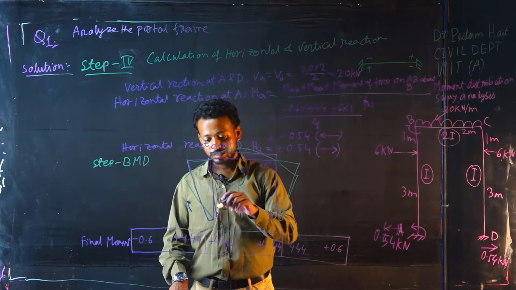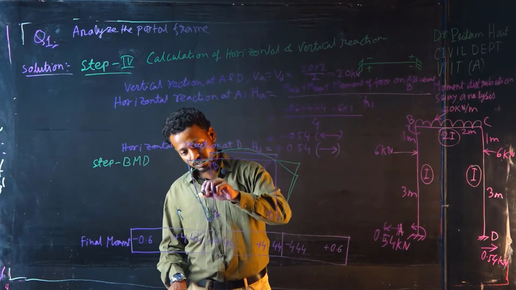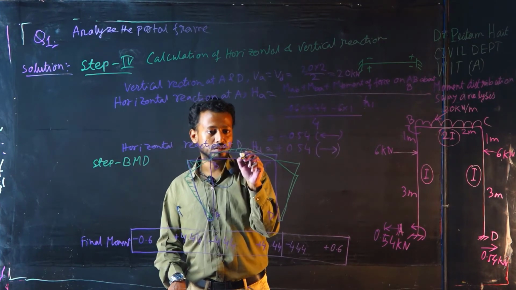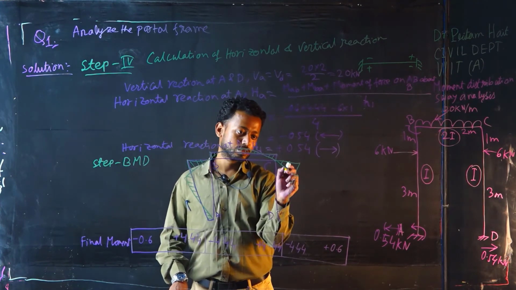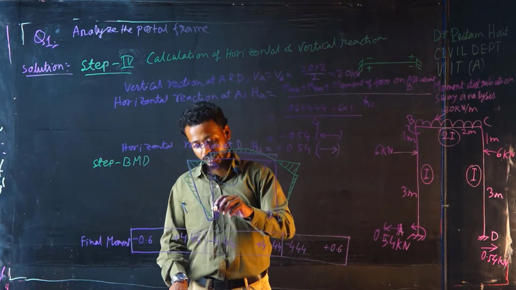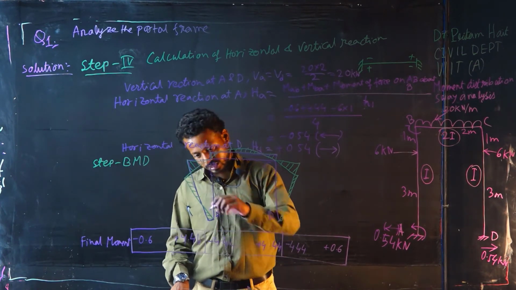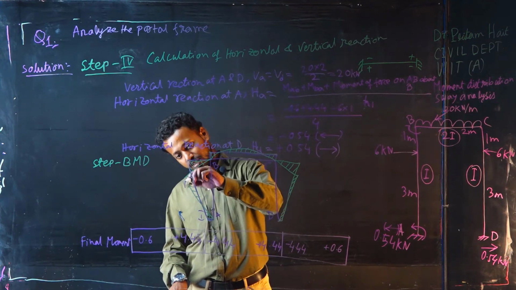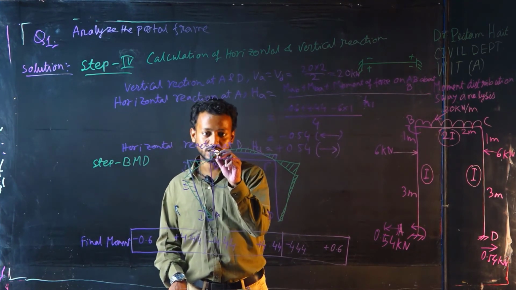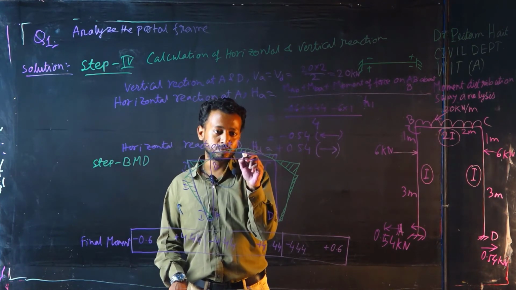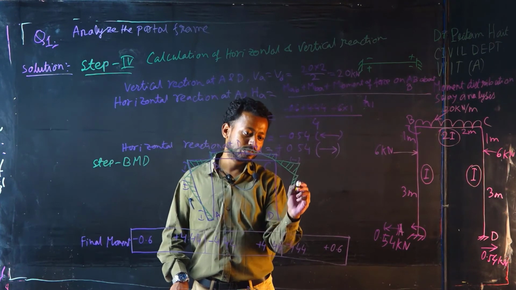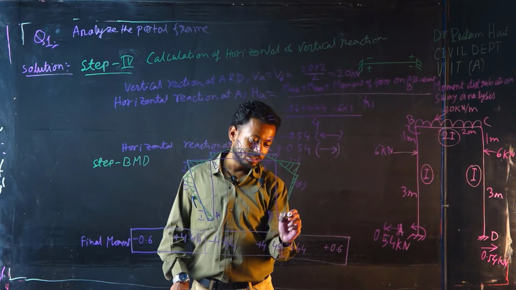Okay, you mark the net bending moment. So this is the net bending moment. Here it is negative, here it is positive, here it is negative, here it is negative, here it is positive bending moment, here it is negative, here it is negative, this is positive, this is negative.